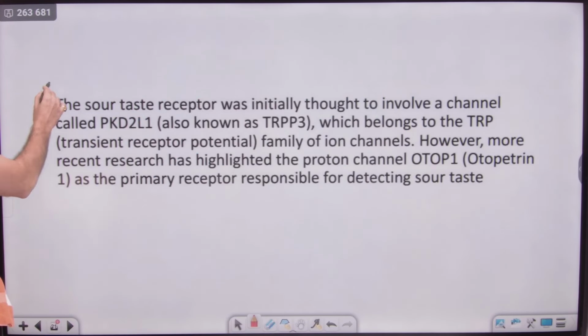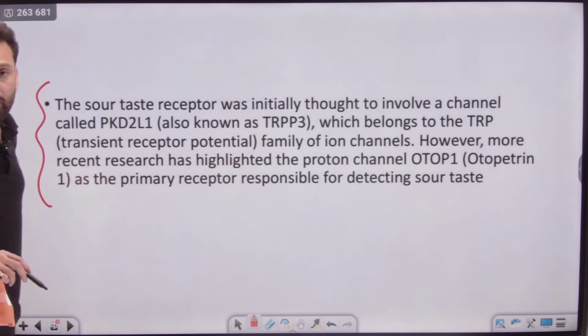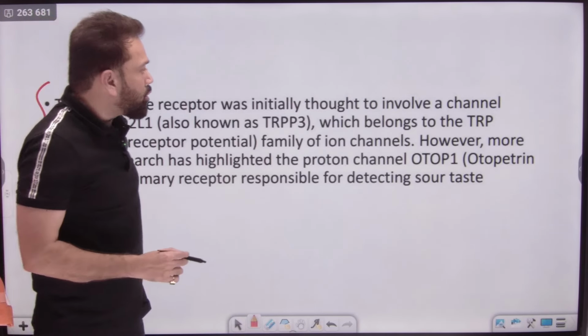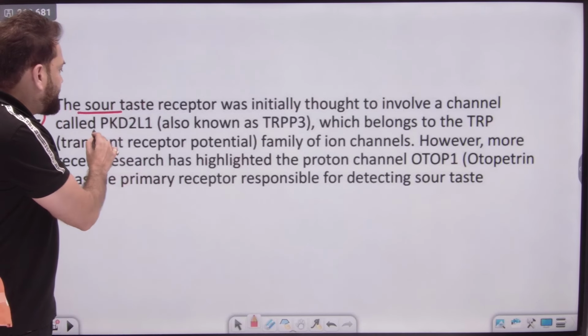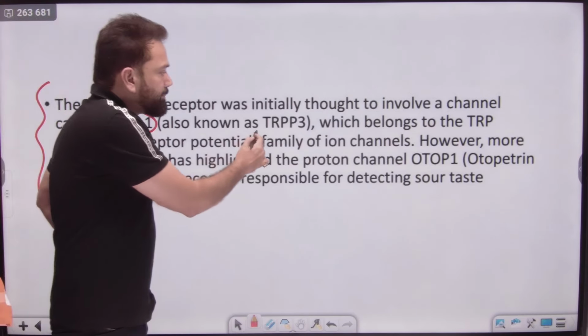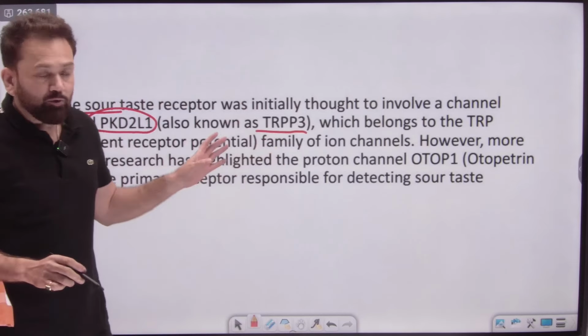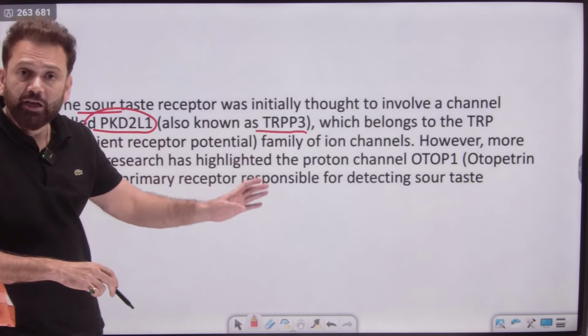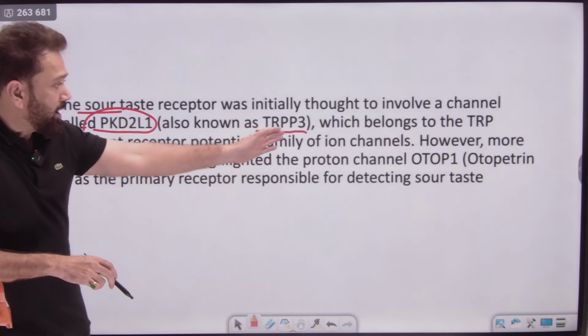One more update. It is a recent update that the sour taste receptor was initially thought to involve a channel called PKD2L1, polycystic kidney disease 2-like 1, also known as TRPP3. This was asked in your examination, which belongs to the TRP, transient receptor potential, family of ion channels.